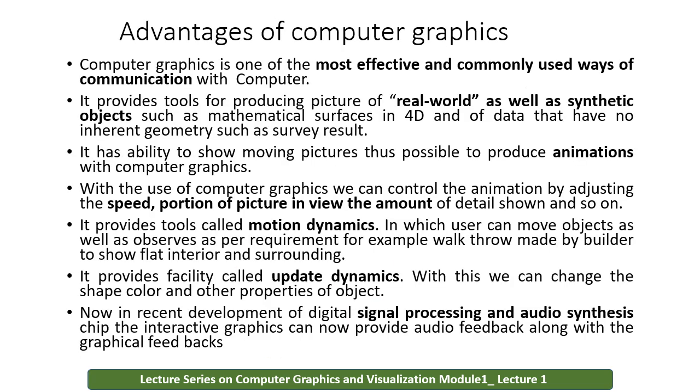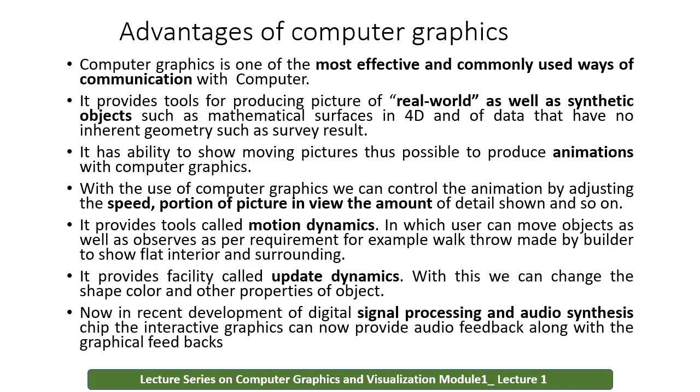Now let us move to the advantages of computer graphics. Computer graphics is a very effective and very commonly used way of communication with a computer. Whatever we want to communicate with a computer, we send some instructions to the computer so that it is able to draw that particular image.